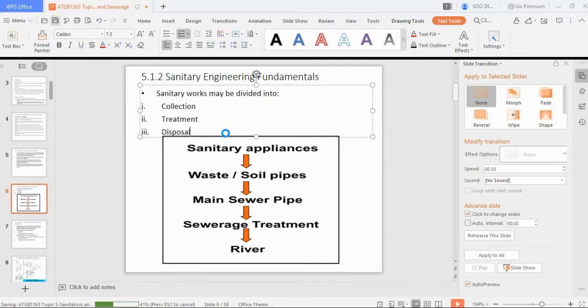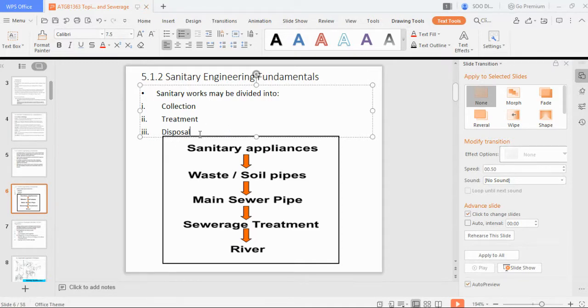Usually you dispose of your final effluent, which is your water, into river or sea, or usually to your drainage. Your drainage usually leads to the river. If you are in a city, usually all this drainage will be directed to the river.